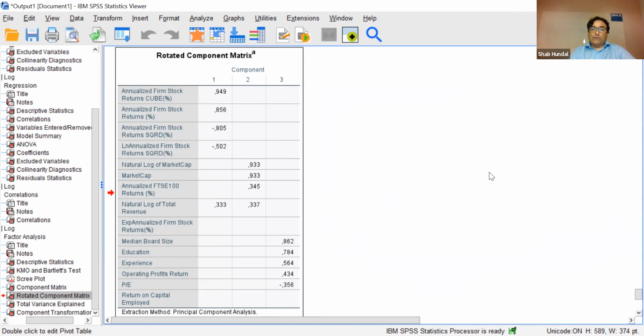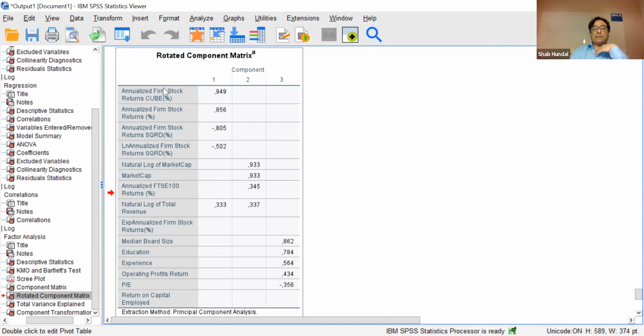So basically what we find out is that the annualized firm stock return cube, the annualized firm stock return, the squared, and the logarithm are basically forming one factor. I give a disclaimer here, because I picked up only one variable and then squared and cubed it.